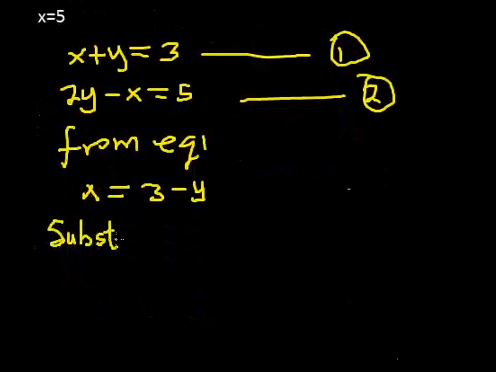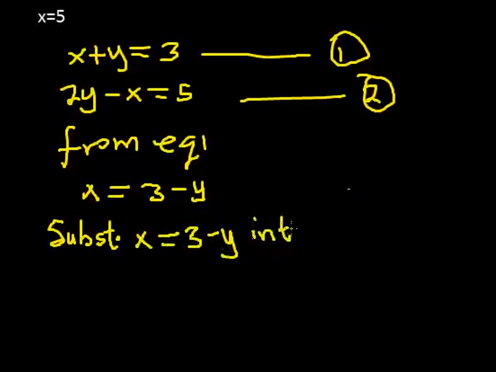As I substitute x equals 3 minus y, which I got from equation 1, I have to substitute it into equation 2. Equation 2 is 2y minus x.